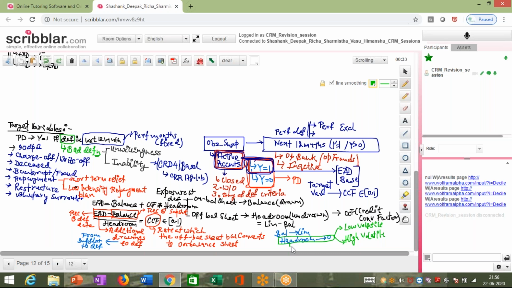If it has become immaterial, then you cannot use the headroom as the denominator. So what is that value below which the headroom becomes immaterial? That is a very important analysis. And what we need to check is that after that point, after the headroom balance reaches that value, the CCF suddenly becomes very volatile, right?